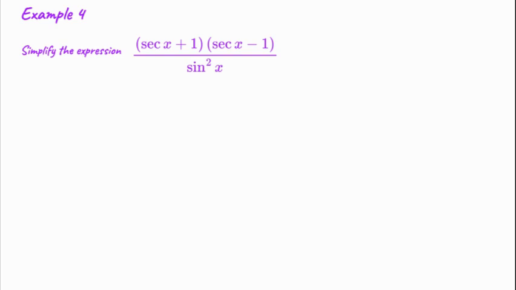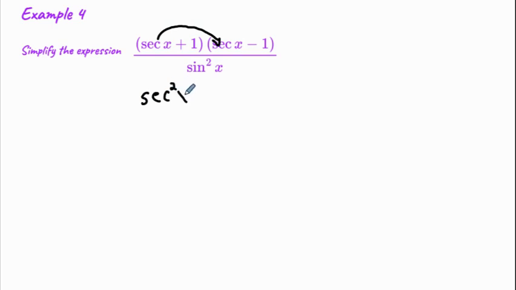All right, so another simplify the expression problem. I see I've got two factors, kind of like binomials. And anytime we have binomials, it's sometimes best to distribute or FOIL them out. So I'm going to FOIL: secant times secant x is secant squared x.